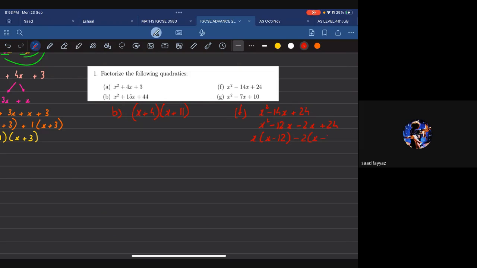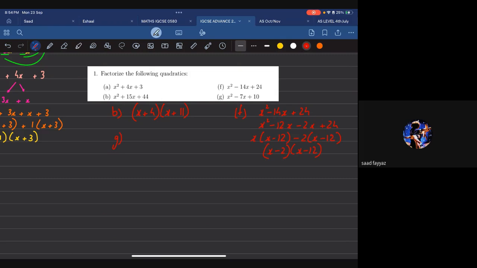It's going to become x minus 12. Why? Because once I expand it again, minus minus becomes plus. All right. So be very careful of that. More or less, this is going to be x minus 2, x minus 12. Yes.